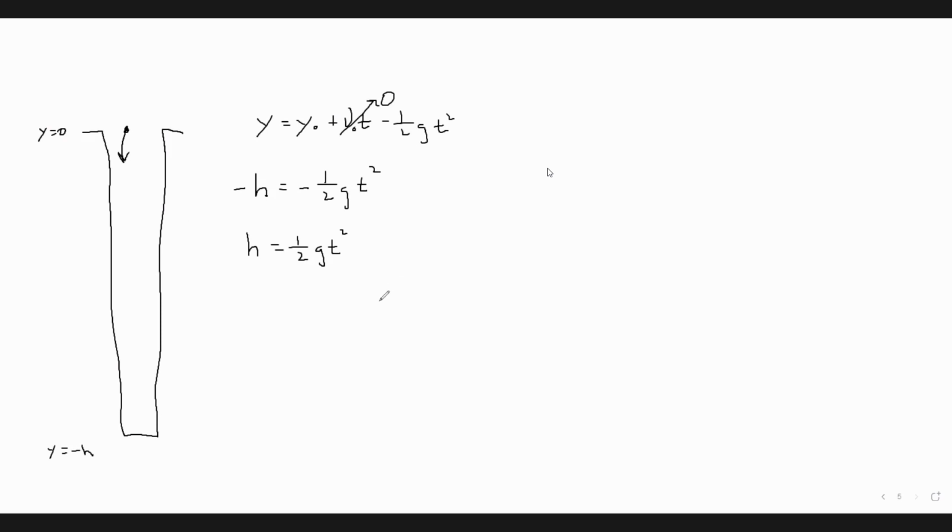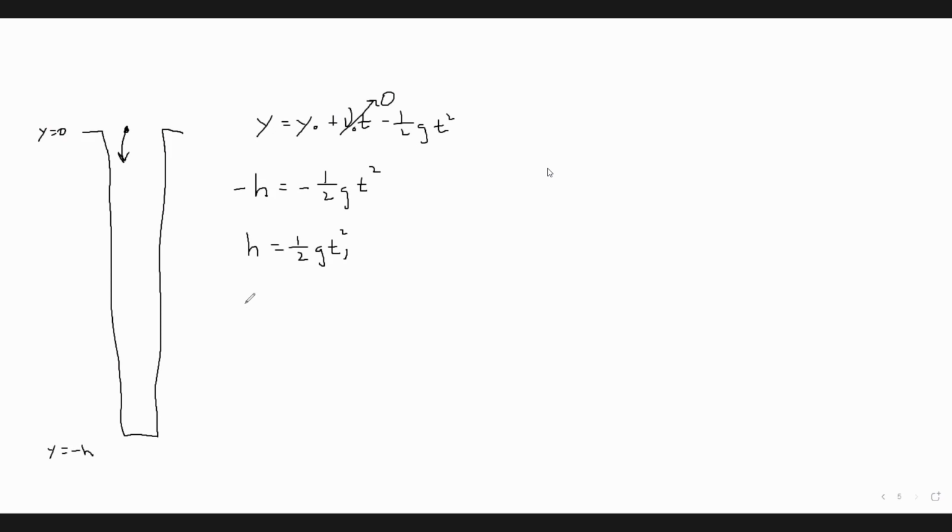So how do we do that? Well, let's redefine some variables here. Let's let T1 be the time it takes to fall. We don't know what that time is. We know it's less than 3 seconds, but we don't know what time it is.